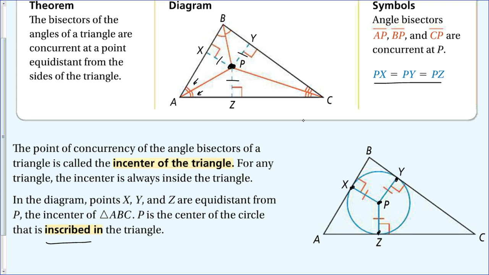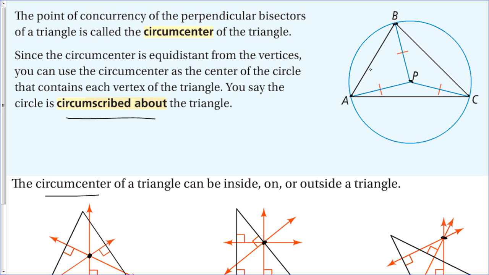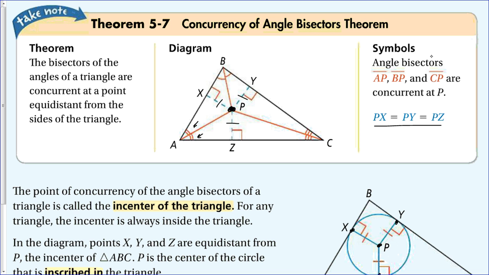And remember, these will be the same length here, and then if we go back, the segments from the circumcenter to the vertices of each angle are the same length. You need to remember that difference. The circumcenter goes to the vertices, and they're the same length. The incenter goes perpendicular to each side, and those are the same length.